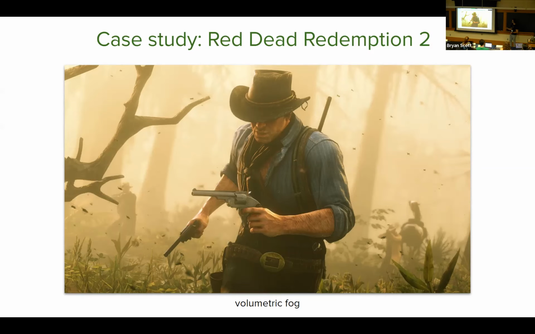So I want to use this game as a case study for why volumes are important and everywhere, really. So in this very scene, you have all this atmospheric fog around the character, which gives the shot this kind of yellow vintage sheen, almost sepia, you could say.